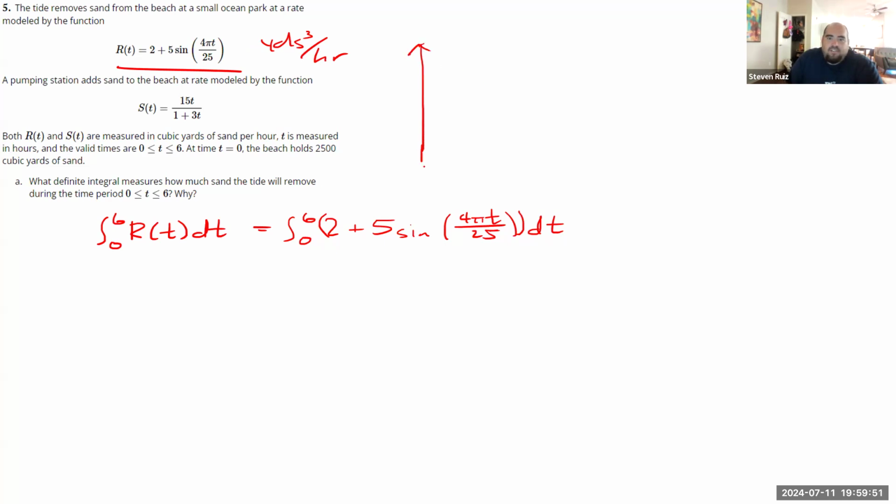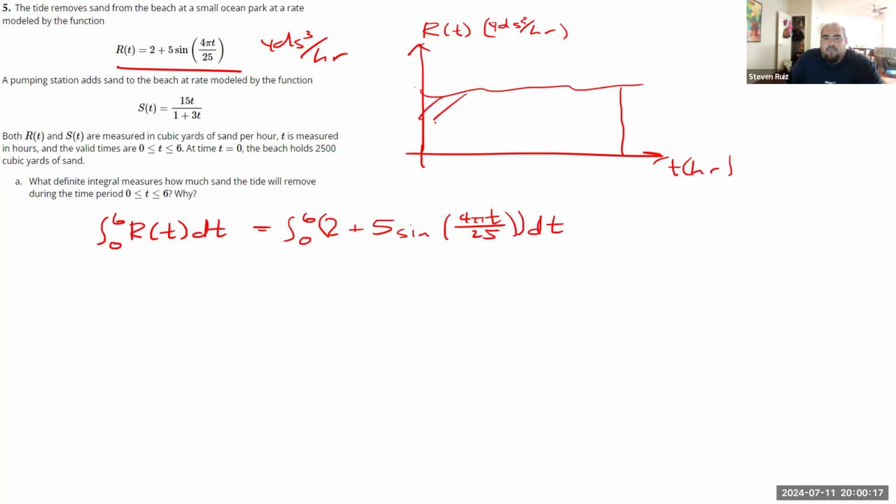I'm not going to try to graph this function accurately, but I want to show you what this area would be. This rate is given in cubic yards per hour, and the time is given in hours. If I were going to integrate this by finding the area underneath this curve, what would that product have units of?